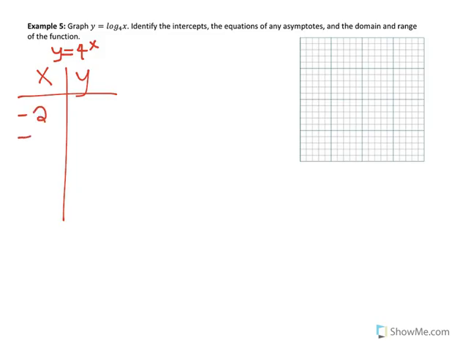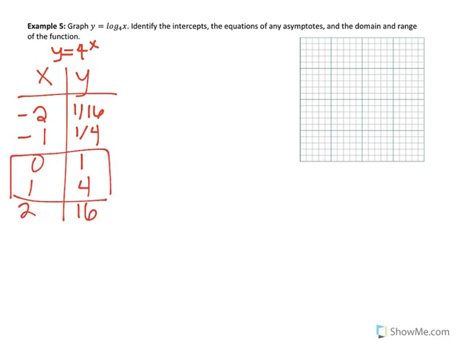If I plugged in negative 2, negative 1, 0, 1, 2, it would be 1 over 4 squared, so 1 over 16, 1 over 4 to the power of 1, so 1 over 4, then 0 and 1, 1 and 4, and 2 and 16. So I'm actually just going to focus on these 2 points right here.